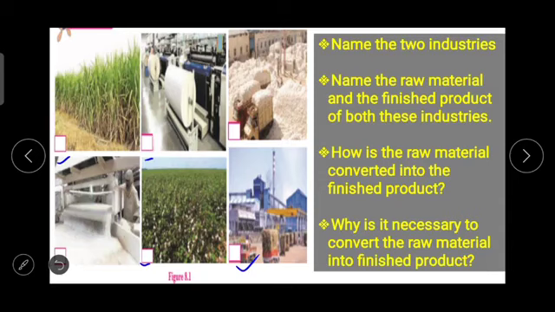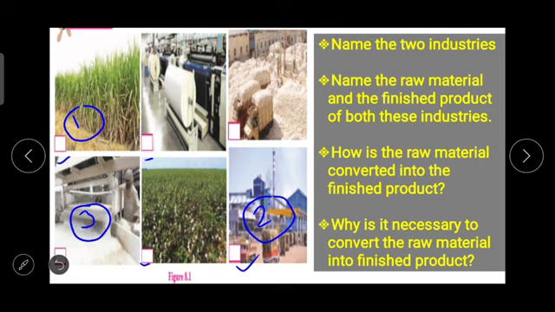Now if you go through these pictures, then we can see that the first picture is of sugarcane, and then it is related with this one, second image, and then the last, this one is the third. So this is the sugar cane industry, or sugar industry we can say, or the sugar factory we can say.